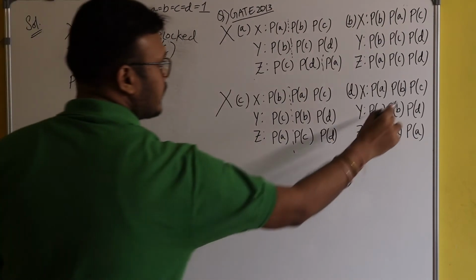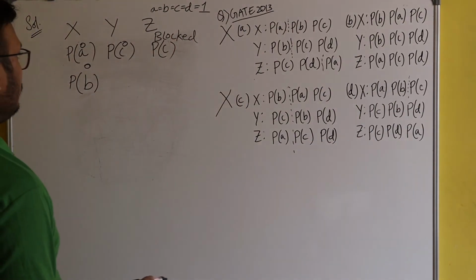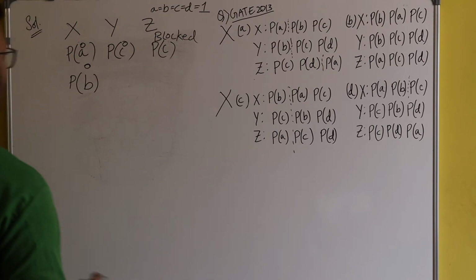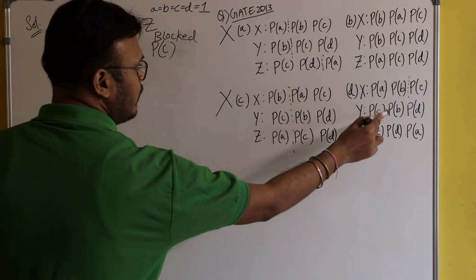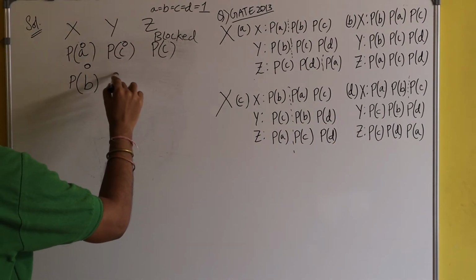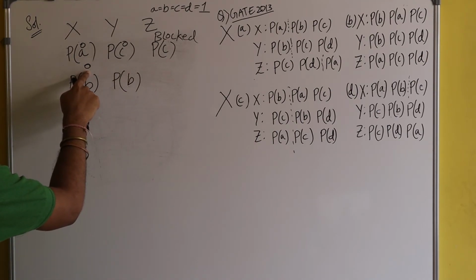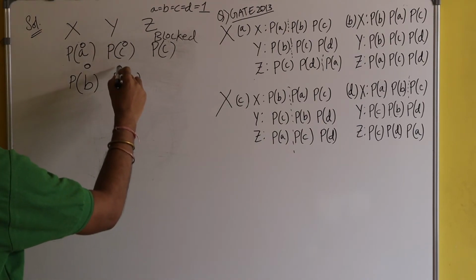So process X has executed up to here, and now suppose the CPU is given to process Y. Now process Y will apply P of B, but here you can see the value of B is 0. It means process Y will be blocked.